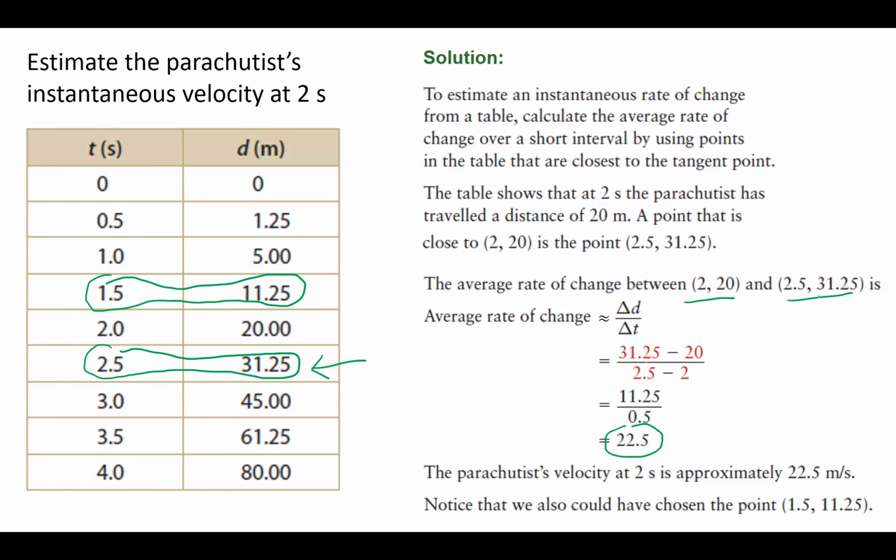But because these 2 points are very close to each other, we can use this value as an approximation of the instantaneous rate of change or instantaneous velocity at this point, 2.0. Then we can conclude that the parachutist's velocity at 2 seconds is approximately 22.5 meters per second.